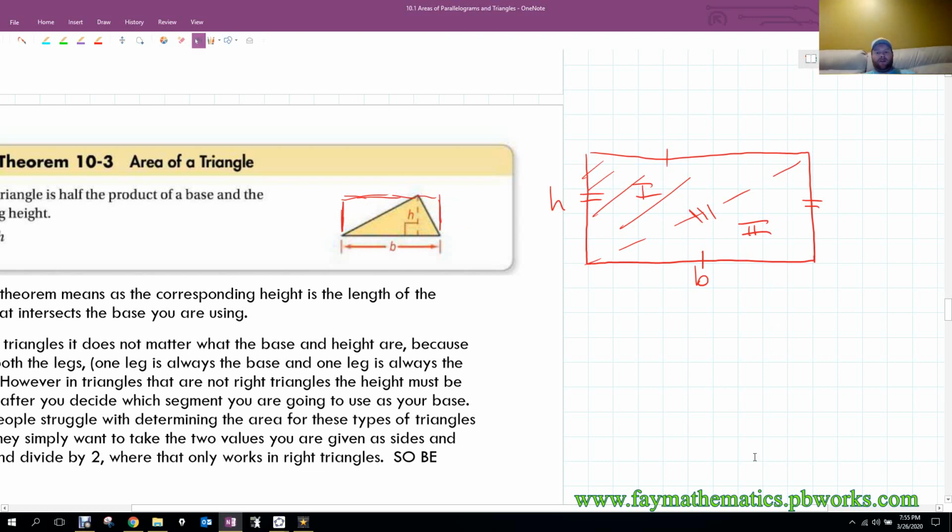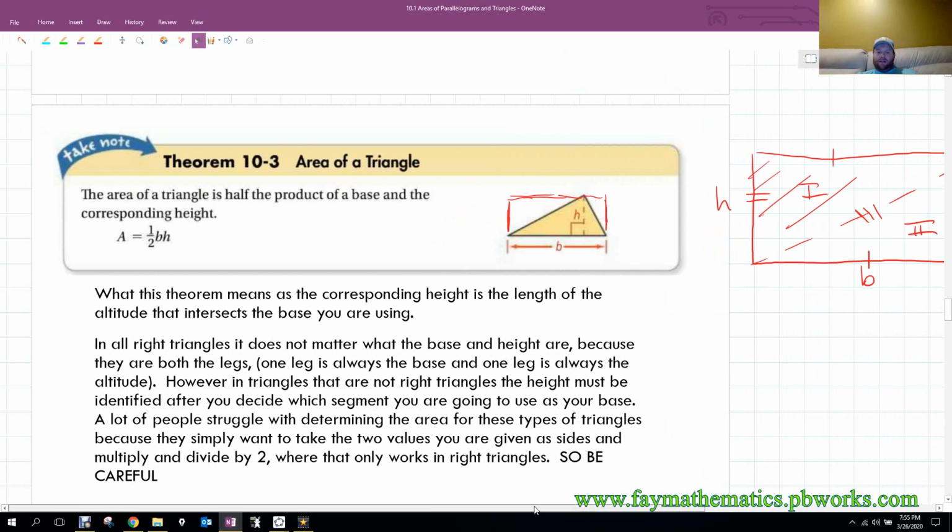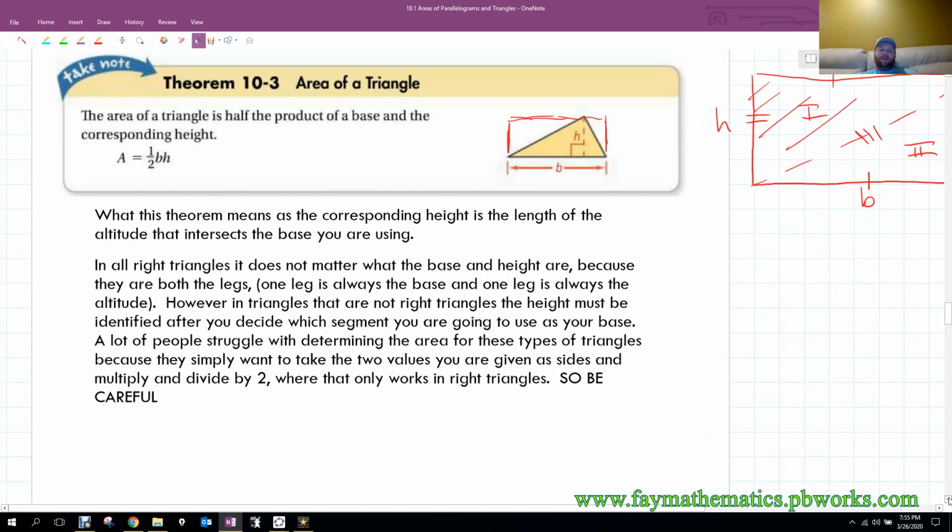One thing we got to pay attention to here, and this is what you're kind of trained to do in 6th grade, 7th grade, 8th grade, is that you worked so much with right triangles. And with a right triangle, it doesn't matter. This is B and that's H, or this is H and that's B. It doesn't matter because they're both altitudes.